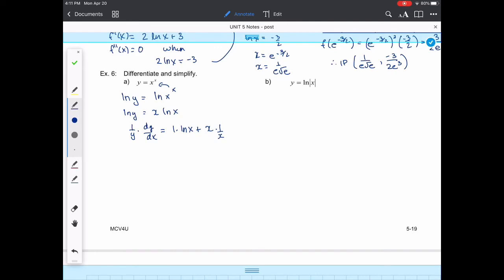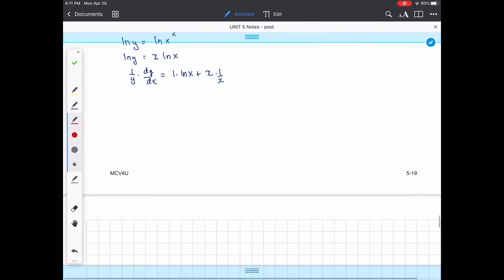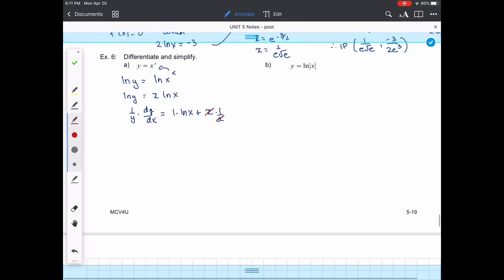All right? And we can simplify. So it just becomes 1. If I clean this up, we have 1 over y times dy dx is equal just to ln of x plus 1.